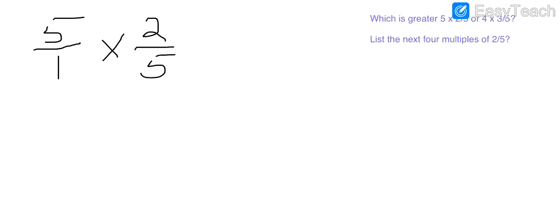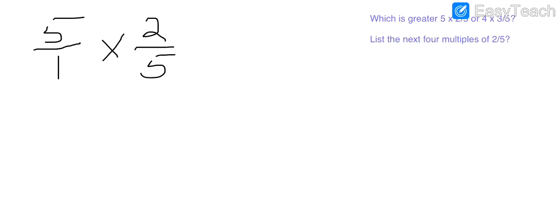So the first one, 5 over 1 times 2 out of 5. So we have 5 as the numerator times the 2 as the numerator on the other fraction, and then the denominators are 1 and 5.